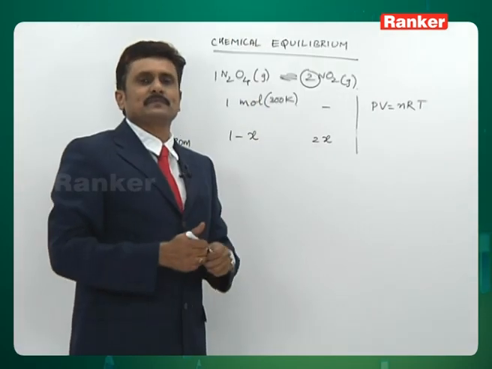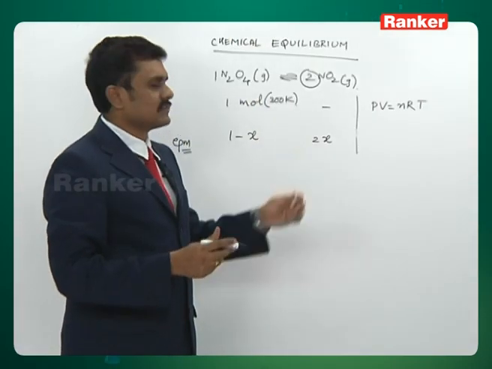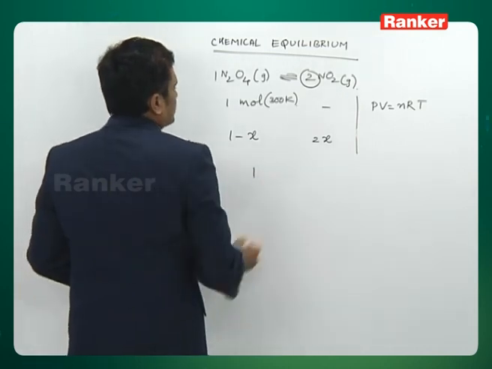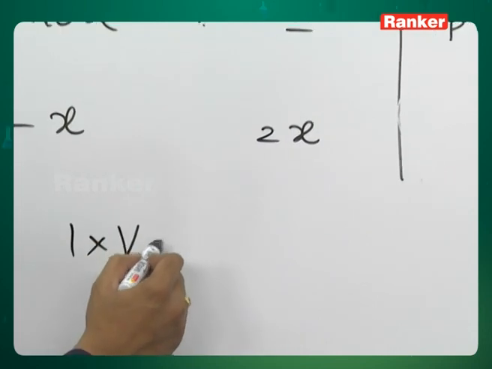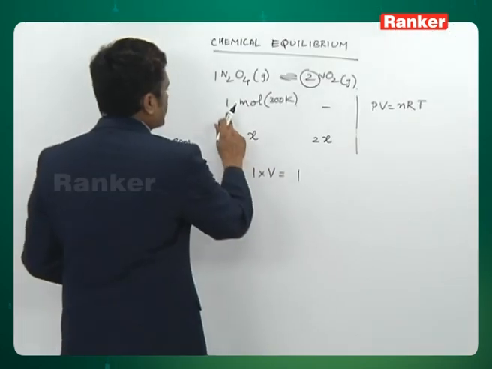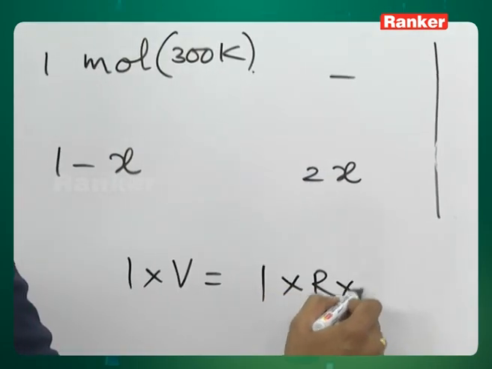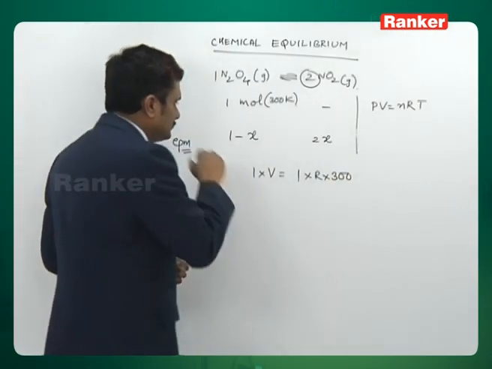As per the ideal gas equation, PV is equal to nRT. Substituting the given data, pressure initially is 1 atm, and it's a closed vessel, so volume remains constant, and the initial number of moles of N2O4 is 1, into R, into the initial temperature of 300 Kelvin.